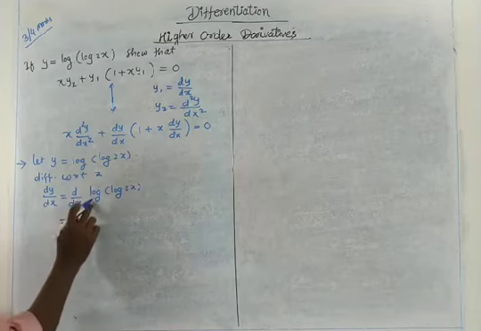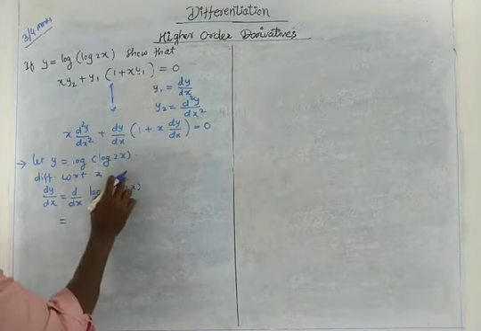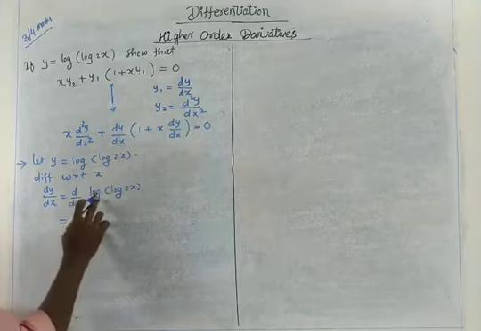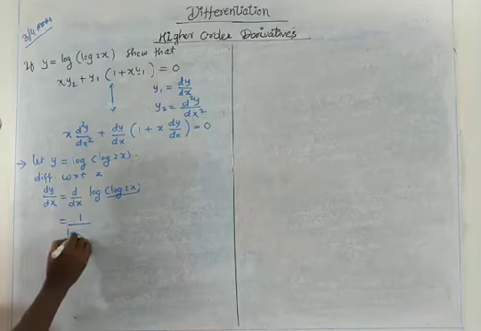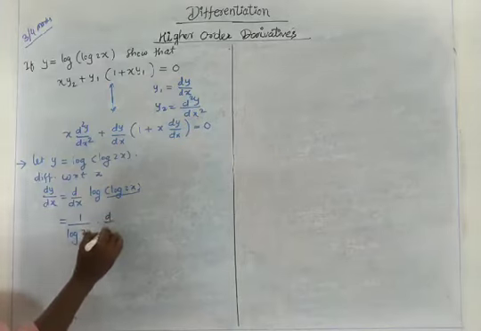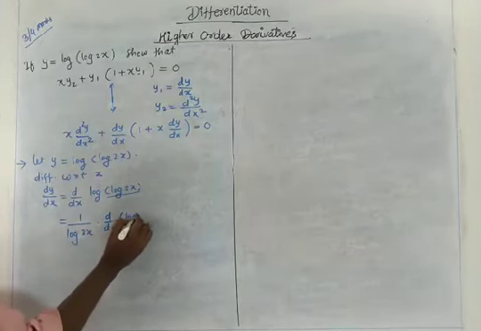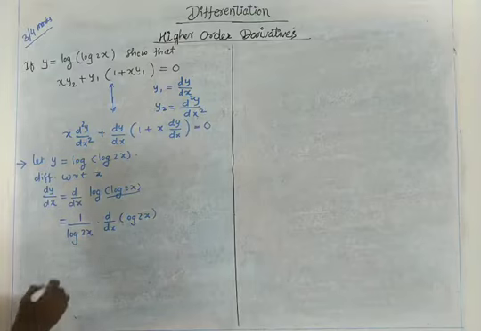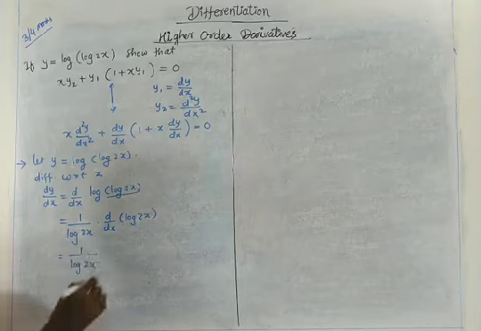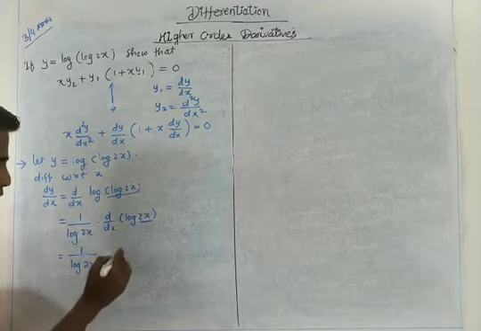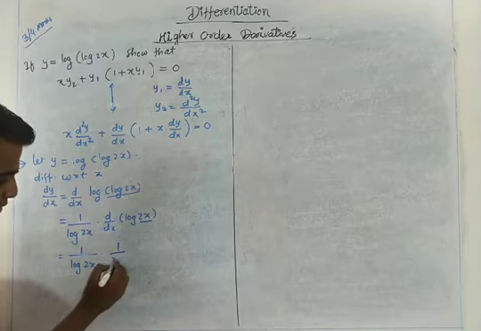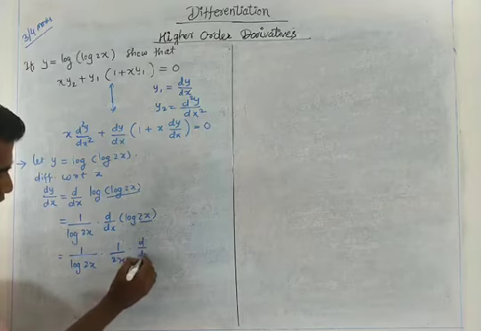Now the derivative of the outer log. I assume this log 2x as x. So I get the derivative of log x as 1/x, but this is log 2x, so it is 1/log(2x). But log 2x is an assumed term, so multiply by the derivative of log 2x. Then 1/log 2x as it is, into the derivative of log 2x. Now I assume this 2x as x, so the derivative of log gives 1/x, but here x is 2x, so multiply by the derivative of 2x.